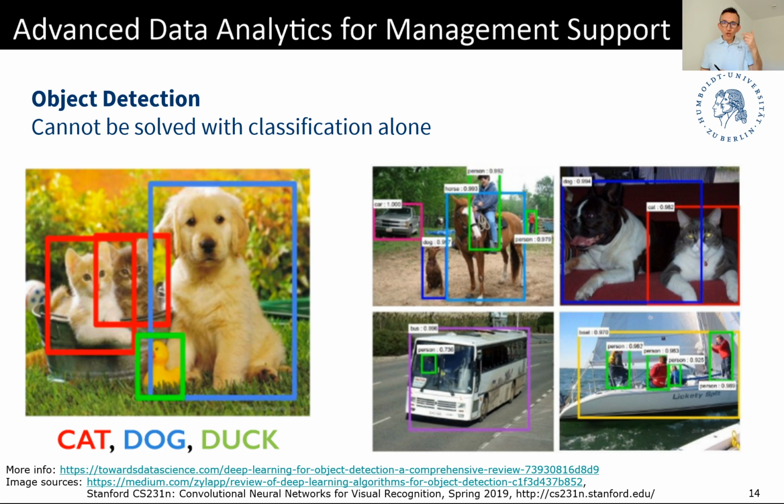And once you know these borders, these regions of interest, as we say, you can process every region of interest using an image classifier. That's the easier part. That is just image classification again.